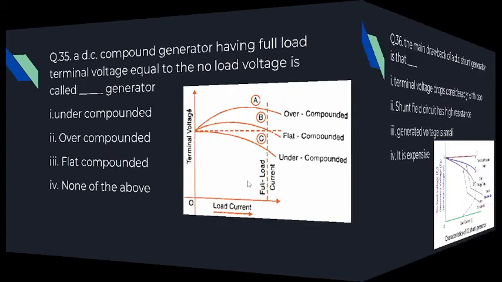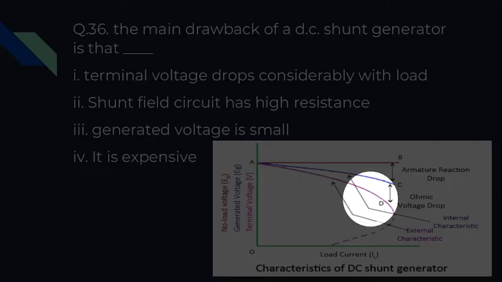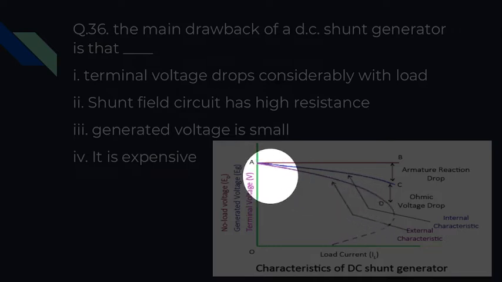Now let's move to another question. Question number 36. The main drawback of a DC shunt generator is that dash. Looking at the characteristics, you can understand what the main drawback is. Before answering these questions, you need to be very strong theoretically with the characteristics of a machine. See here, look at the terminal voltage.